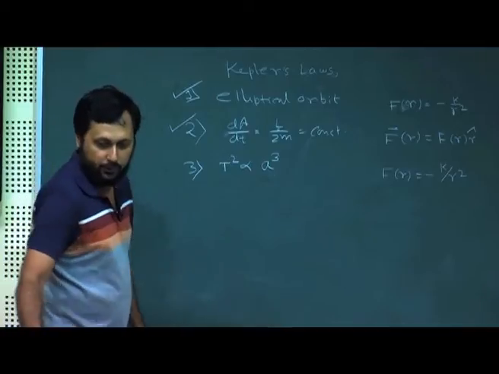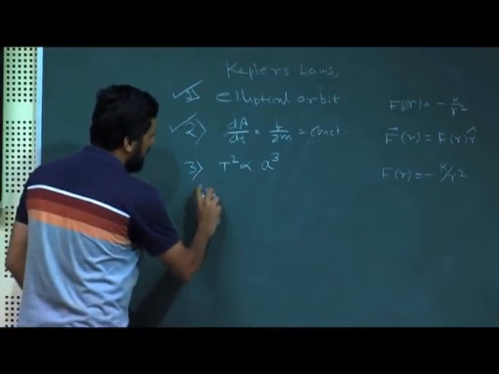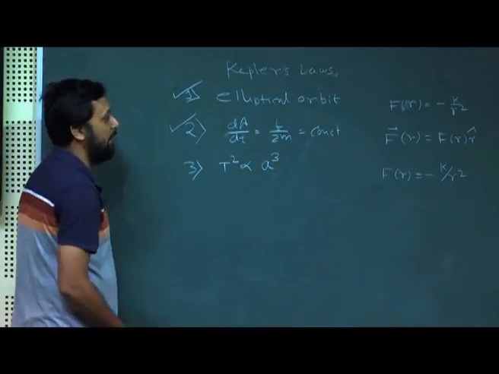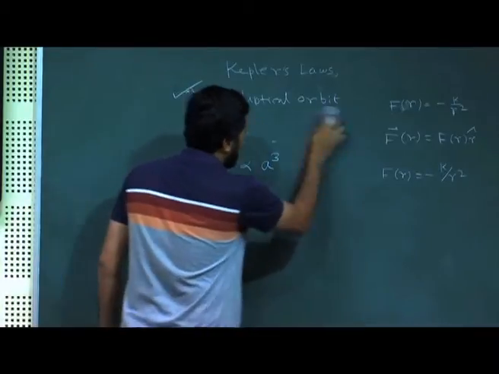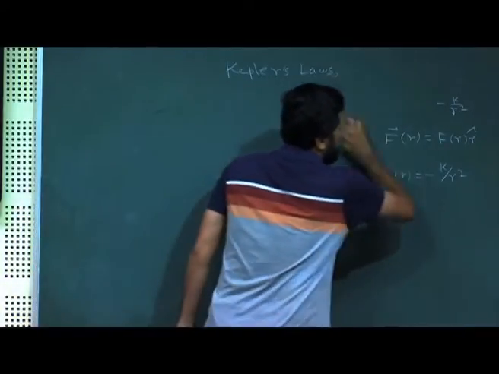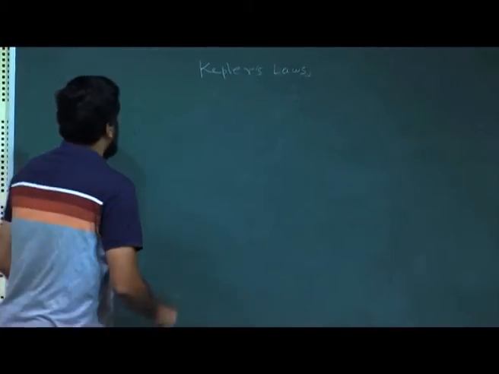In order to prove this law formally, we first have to look into some of the parameters of an elliptical orbit in a more formal manner. Let us do that. We will just remove this because we need the space.